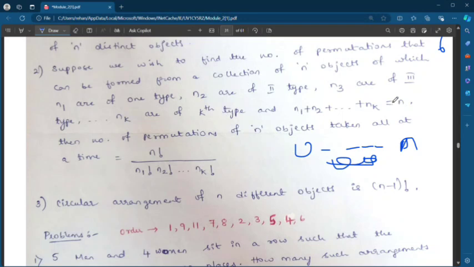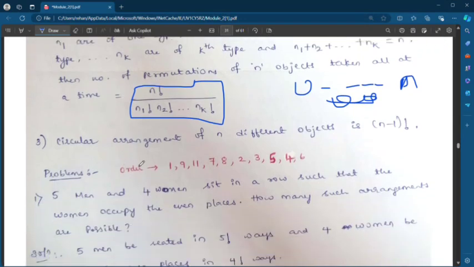Then the number of permutations of n objects taken all at a time is equal to n factorial divided by n1 factorial, n2 factorial, and so on up to nk factorial. This is also one formula. Here n is the total number of objects, and k is the number of types.